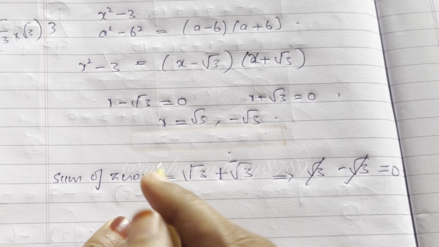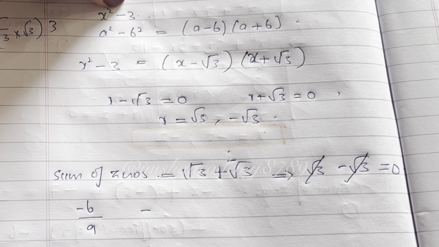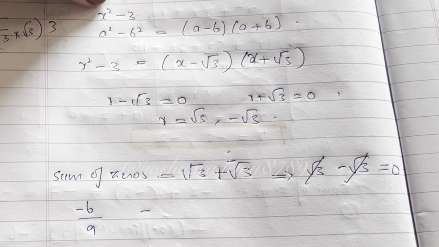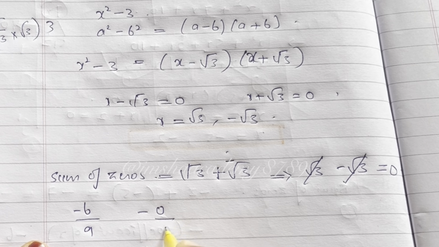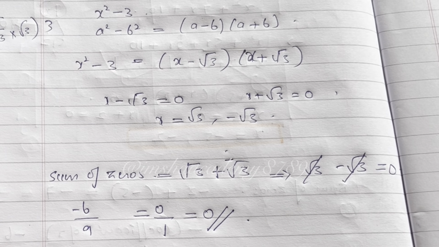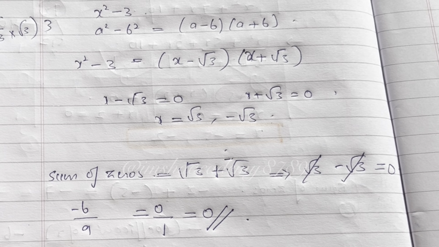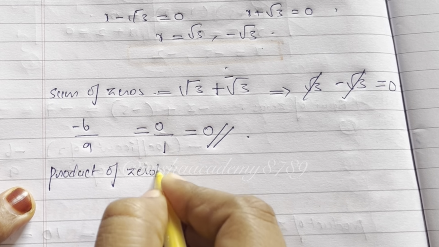Hence, the sum of zeros should be minus b by a. Here the b term is not there, only the a and c terms are present. So minus b by a is nothing but 0 by 1, that is equal to 0. Next is the product of zeros.